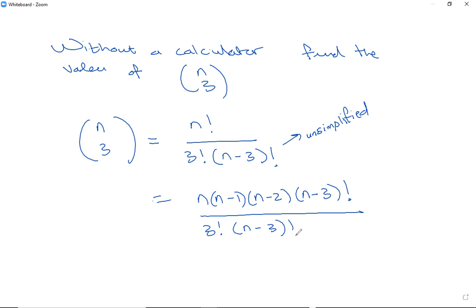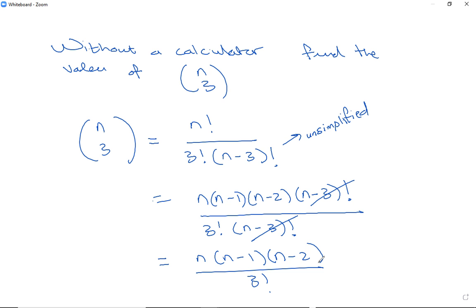And because I can rewrite the numerator as that, I can cancel out those two and simplify it. This is a more simplified approach of writing this out over 3 factorial.